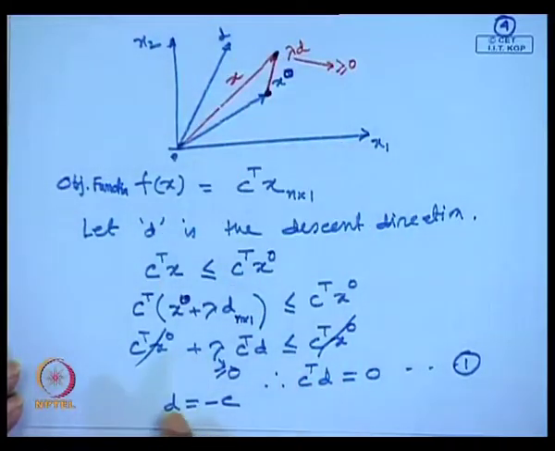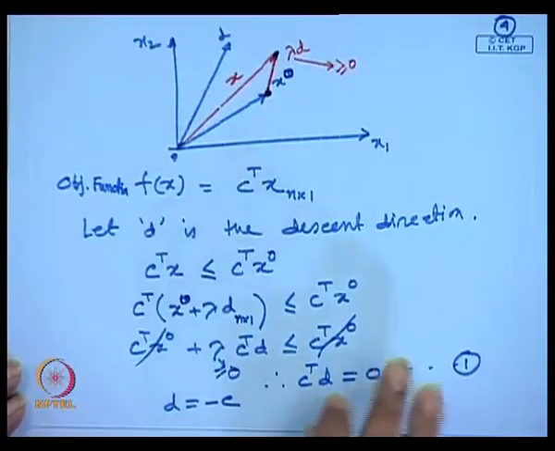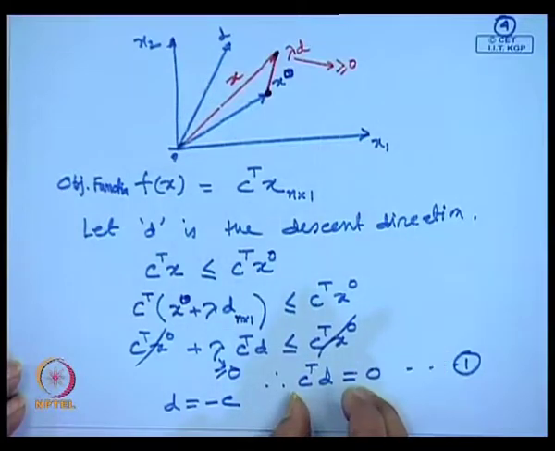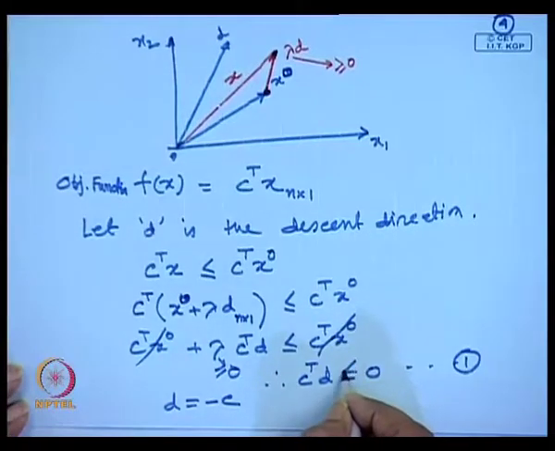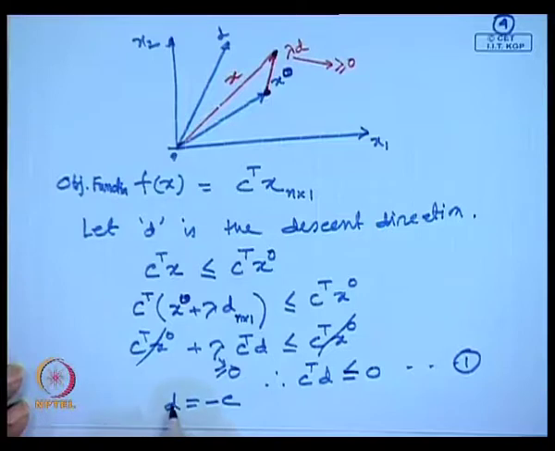This condition must be satisfied. Sorry, this is less than or equal to. If one of the choices of d is d equal to minus c, then from equation 1 we can write it.